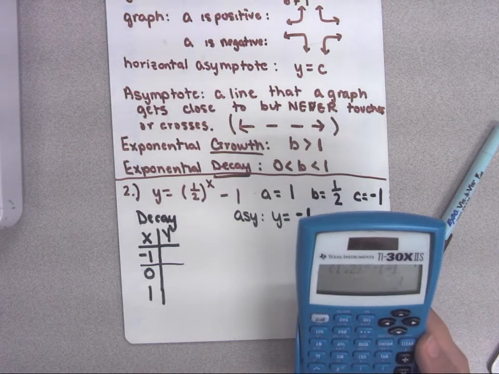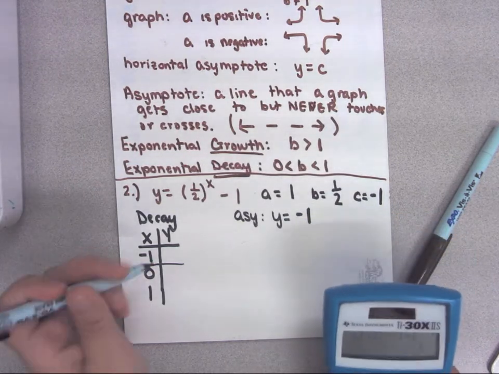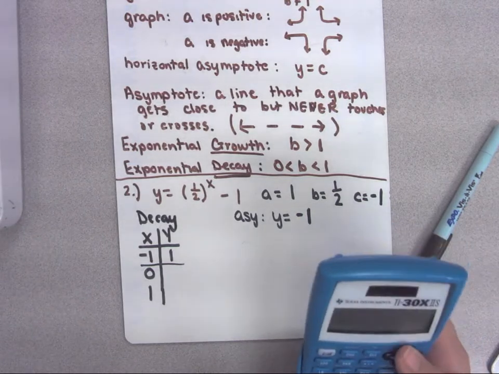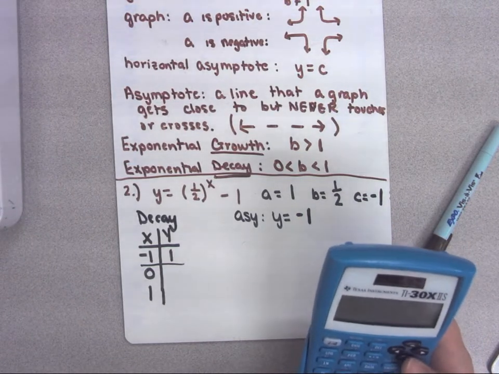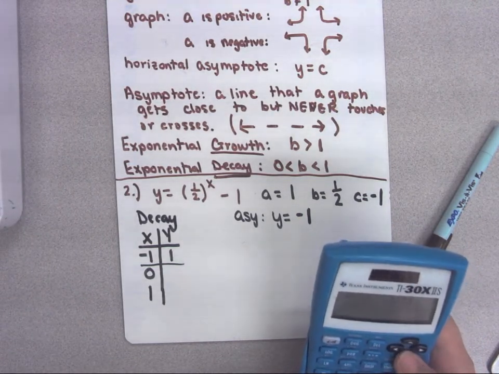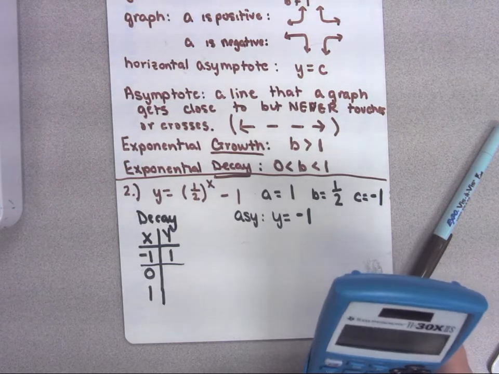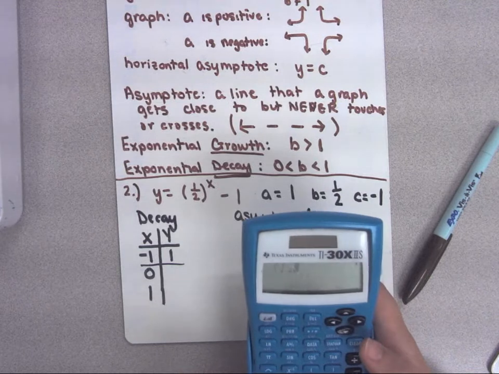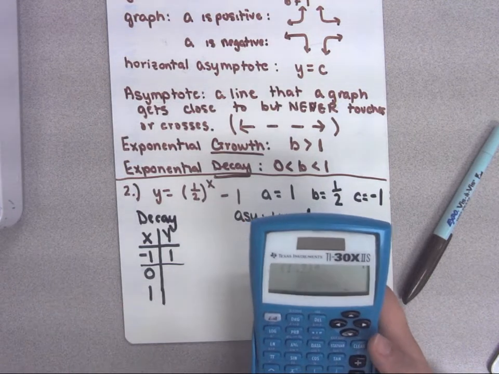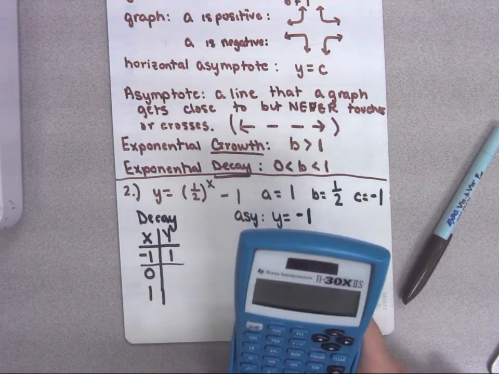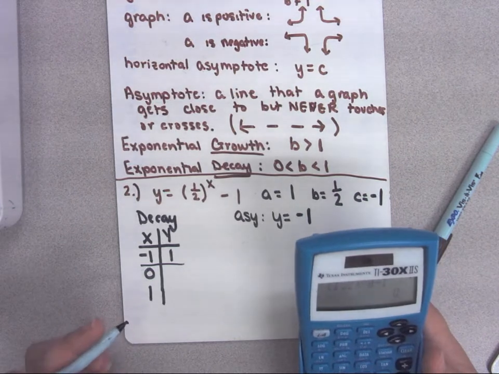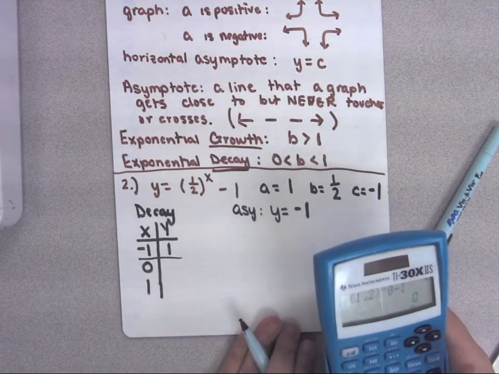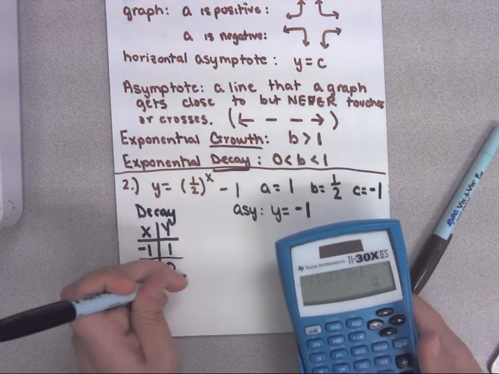What's the answer we all got? I got 1. I'm going to do the same thing. We're just going to type in, okay, clear. Type in that. So 1, ABC2, to the 0, -1. What did you get? For the next one, 0. I got 0.